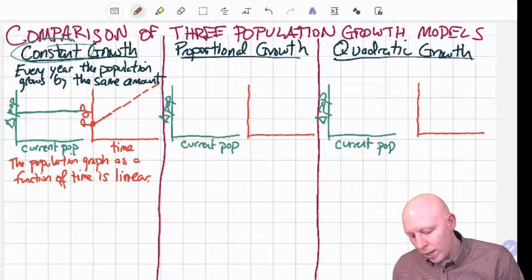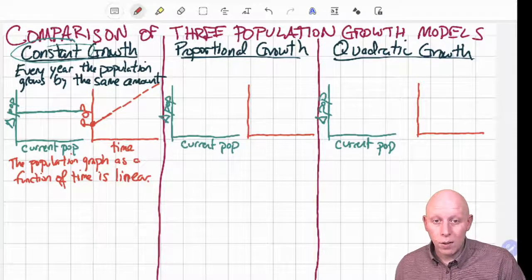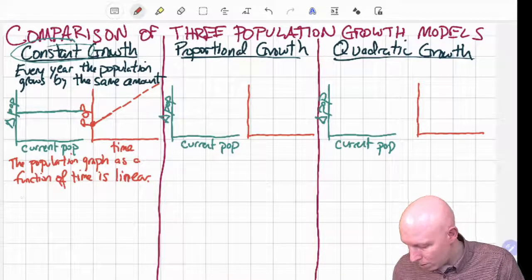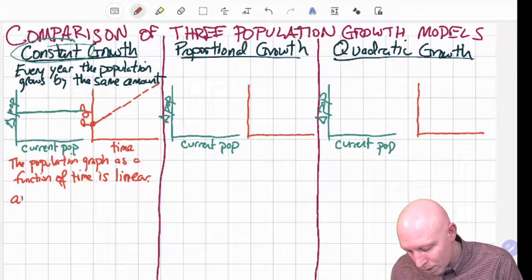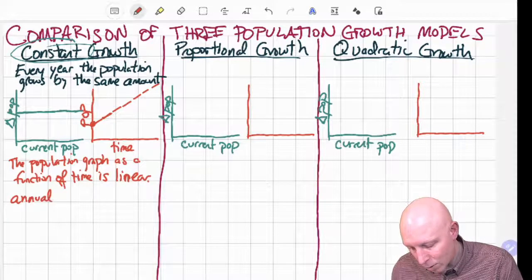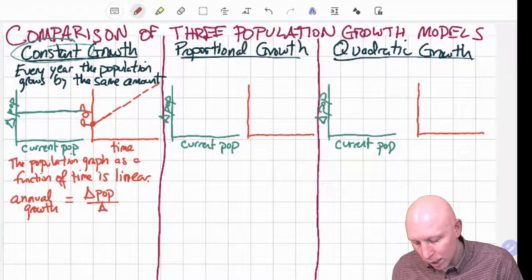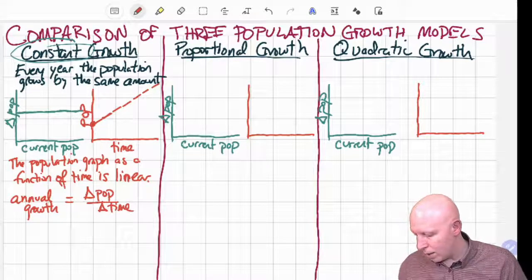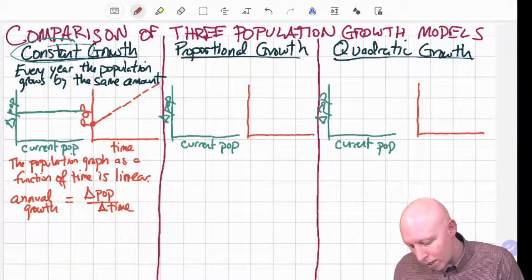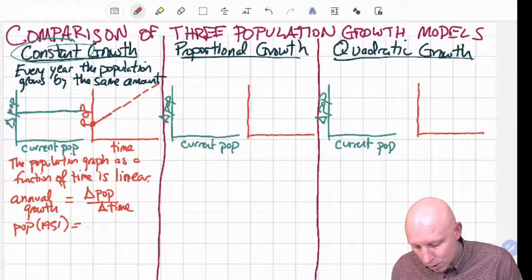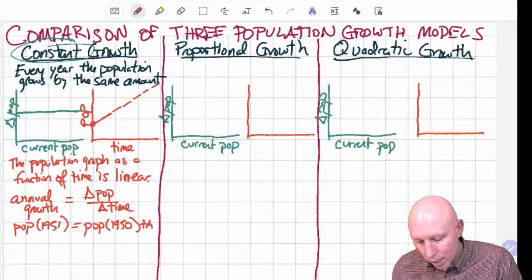All right, and so if we're writing down a formula for what the population is each year, this is what we had last time, which is that the annual growth is equal to the change in the population over the change in time. And then for that we have that the population at time 1951 is equal to the population at time 1950 plus this annual growth.